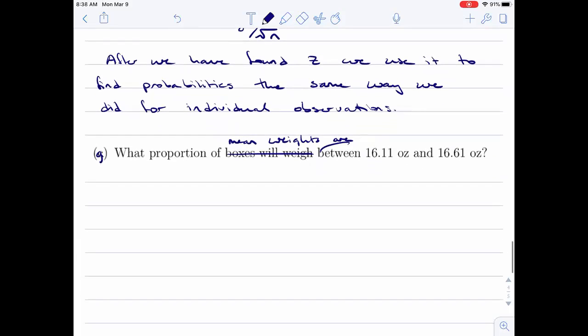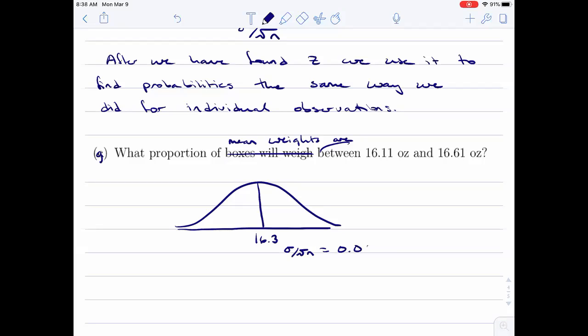So now we're talking about mean weights, and mean weights, we said, follow a normal distribution centered on 16.3 with a sigma over root n of 0.0298.